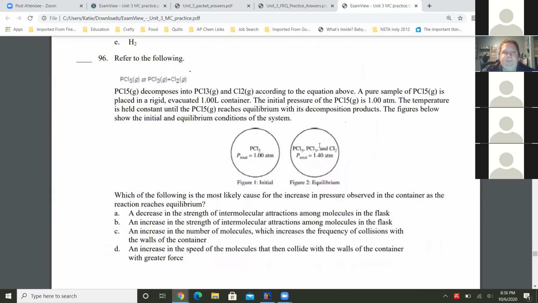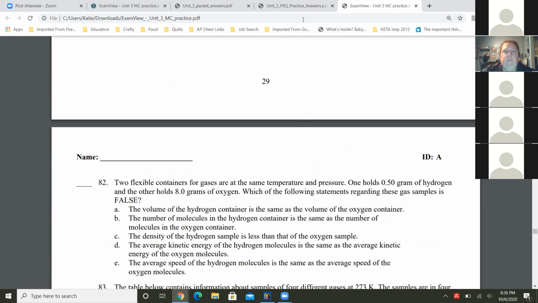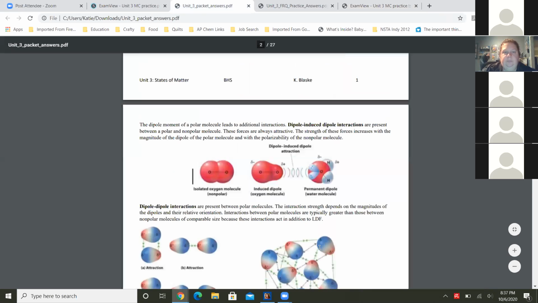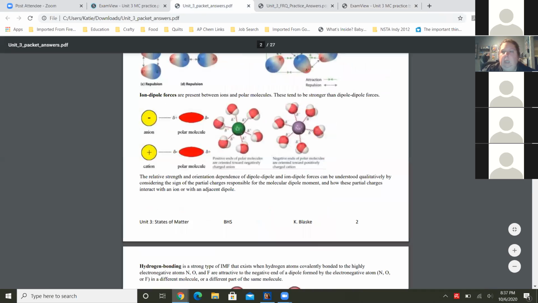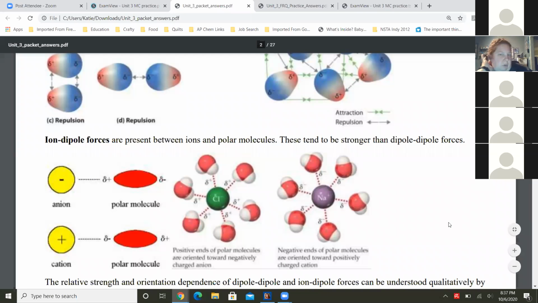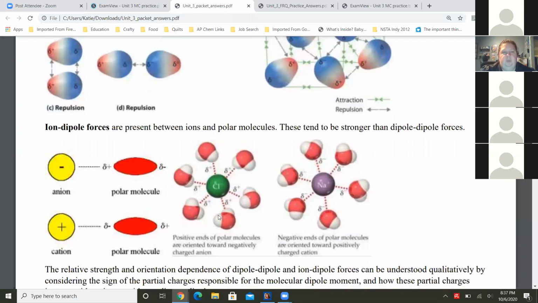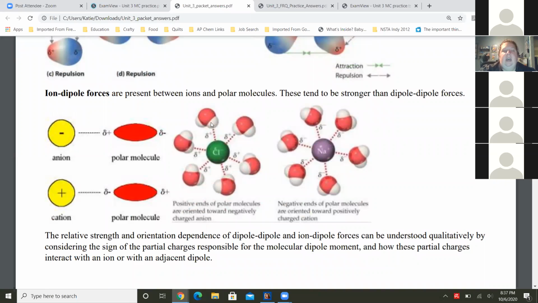Nope, I guess not. So it's going to tell you 2 different molecules, and you have to determine if ion dipole forces can happen between them. Yeah. What I've seen a lot of times on AP questions, this is at the beginning of your packet, this sort of shows what's going on. The hydrogen end of the water molecule, which is more positive, is attracted to the negative ion.